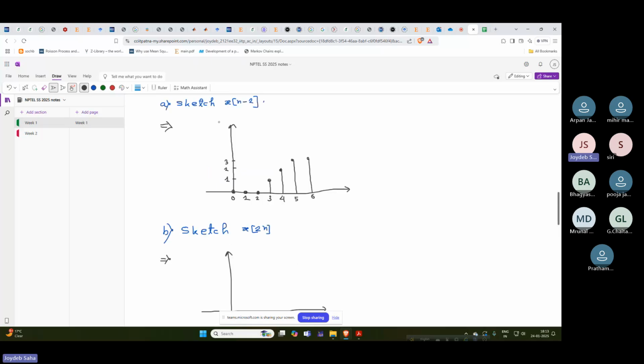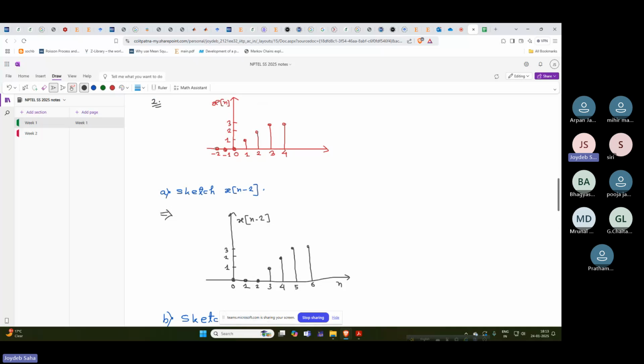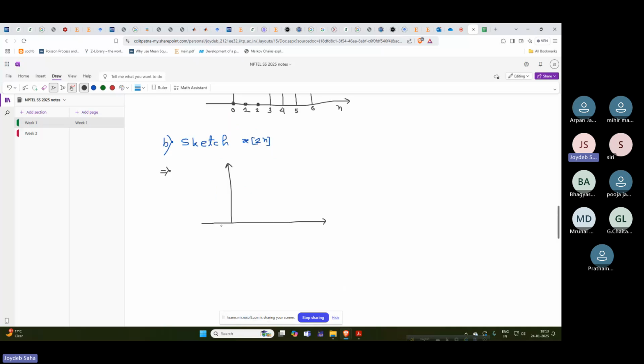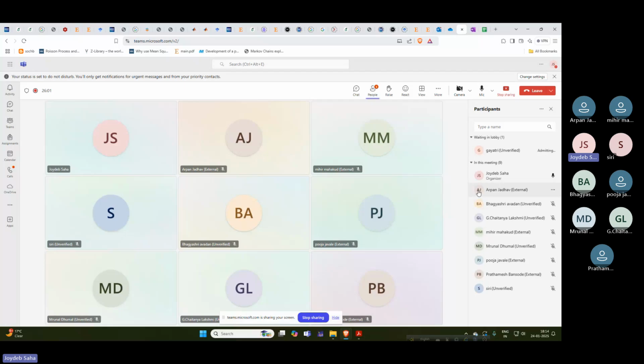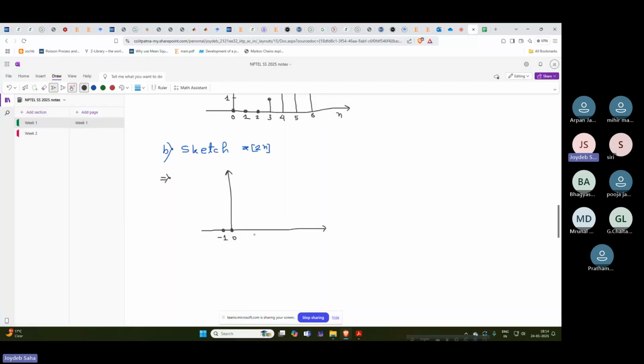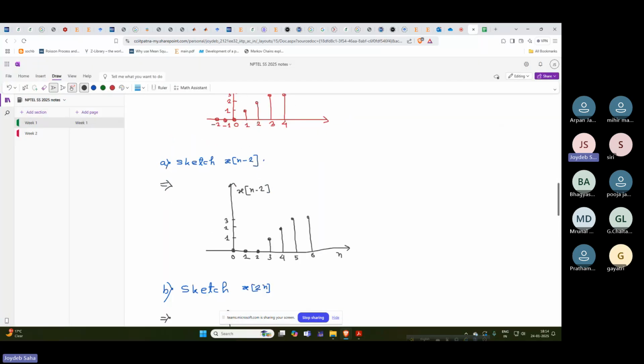Okay, so this was x(n minus 2) versus n plot. Okay, so it was minus 2. So the first point here we will get, that will be minus 1, right? So minus 1 we will get. 0 as it is. It was 2, so 1 will be omitted, 2 we will get.